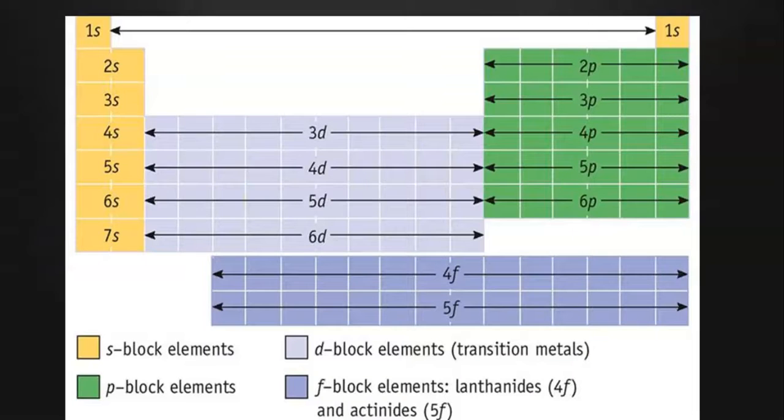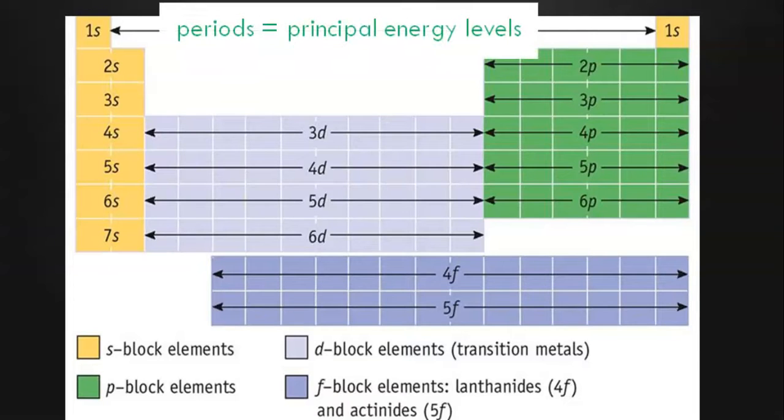Now, looking at the periodic table, the periods, or rows on the periodic table, represent the energy levels. So if an element is in period 3, it has 3 occupied energy levels. S, P, D, and F are the sublevels. When an electron is added in the S sublevel, it goes into an S orbital.